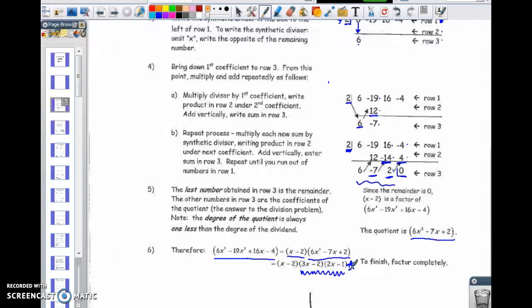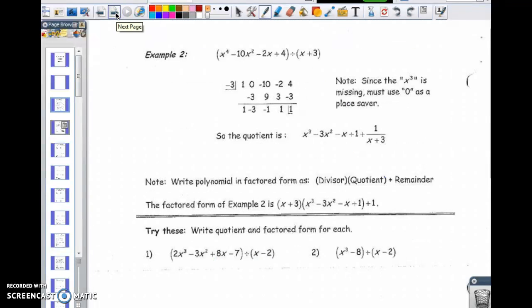All right, let's take a look at another example. We have x to the 4th minus 10x squared minus 2x plus 2 divided by x plus 3. First thing I'm going to look at is what terms I have. I have an x to the 4th, an x squared, an x, and just a number. So I'm actually missing an x cubed term.